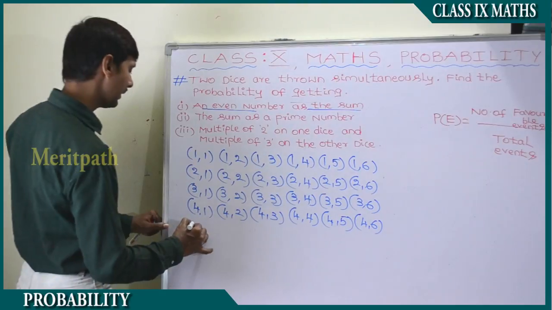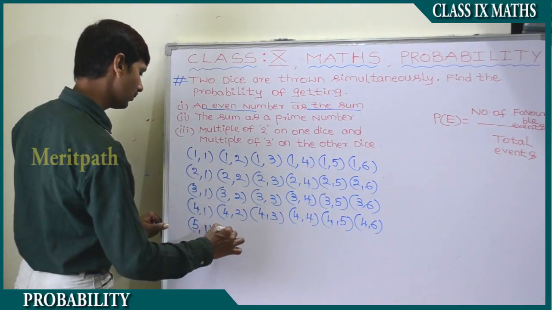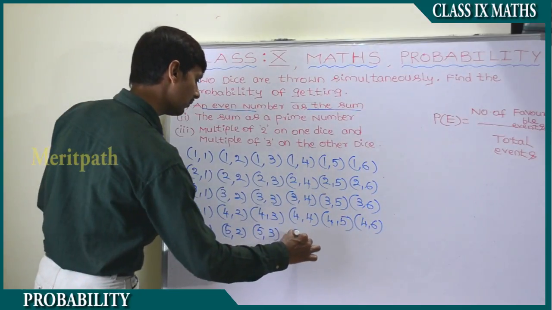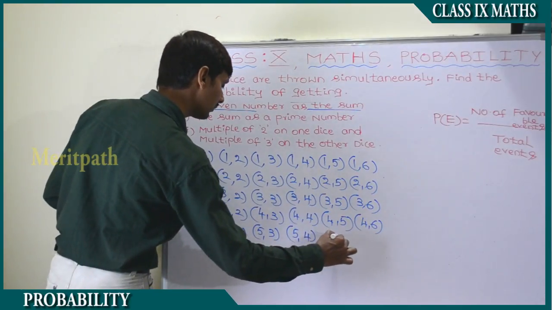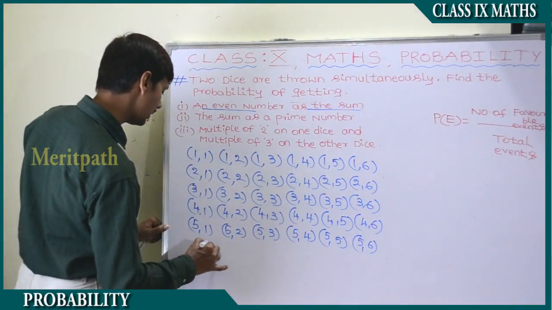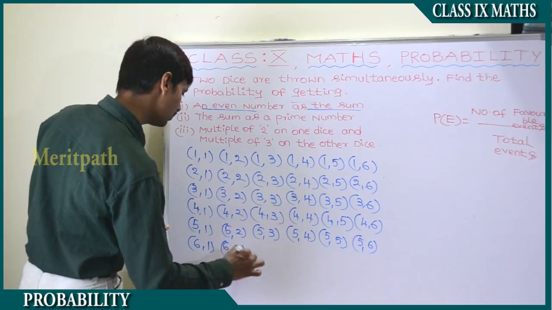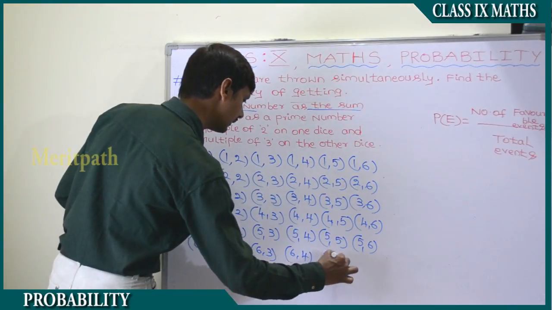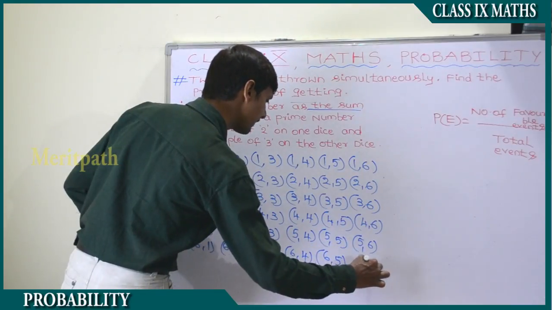It's completed. And 5, 1; 5, 2; 5, 3; 5, 4; 5, 5; and 5, 6. And 6, 1; 6, 2; 6, 3; 6, 4; 6, 5; and 6, 6.